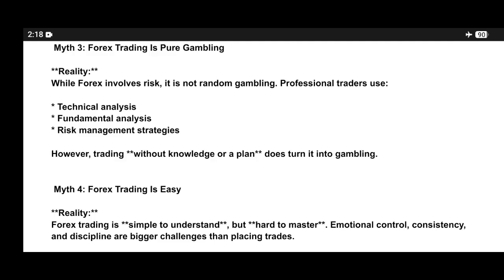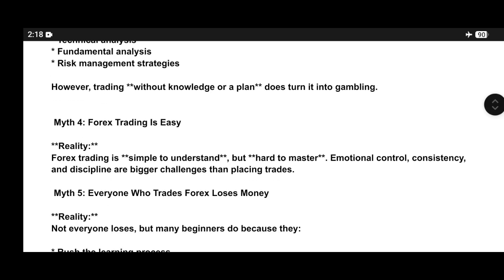Are you getting me? Then, myth 4: forex trading is easy. But in reality, forex trading is simple to understand but hard to master. Emotional control, consistency, and discipline are bigger challenges than placing trades.